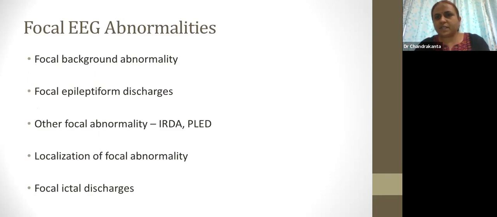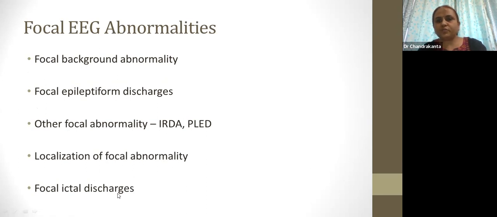First, let us start with the focal EEG abnormalities. Focal EEG abnormalities can be in the form of background abnormalities, or they can be focal epileptiform discharges. There are some particular patterns of focal abnormalities we will discuss. We will learn how to localize the focal abnormalities, and there can be focal ictal discharges.